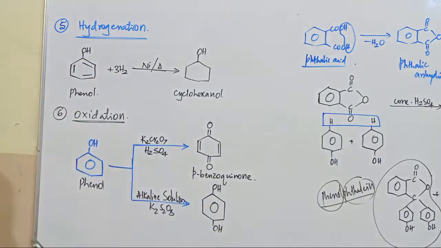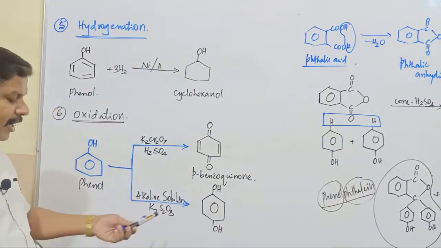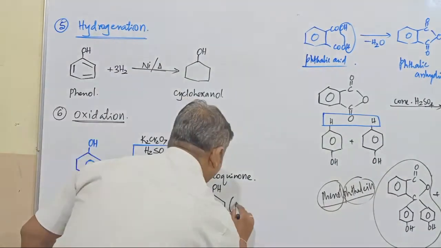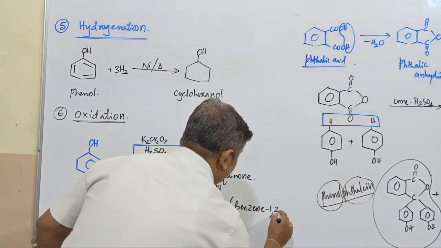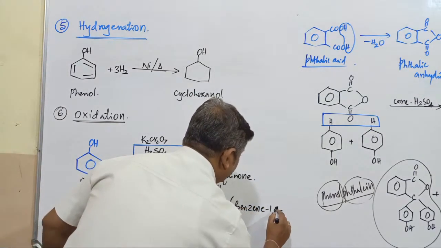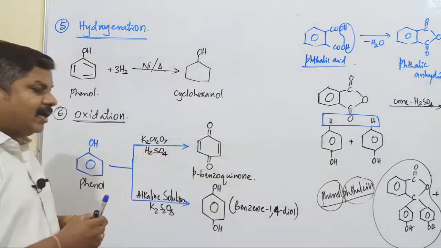We have discussed in the nomenclature of phenol this compound. What is the IUPAC name of this compound? Benzene 1,4 diol.